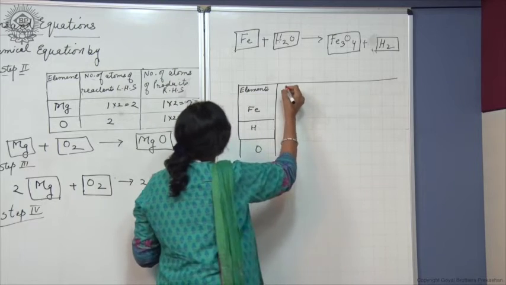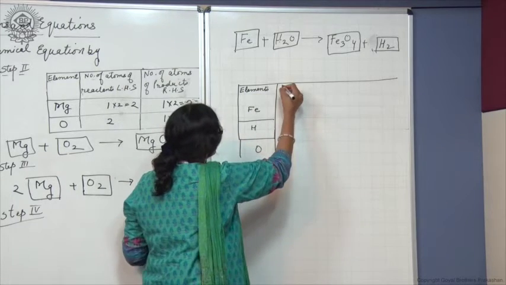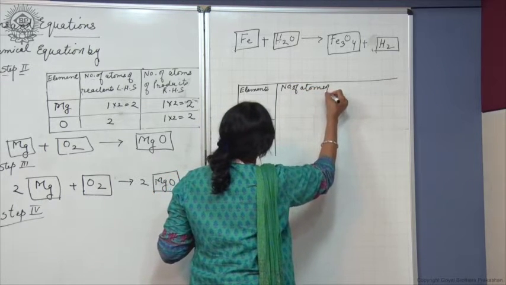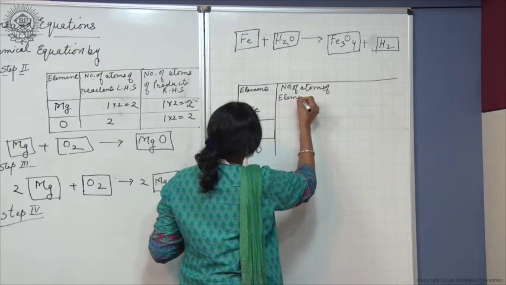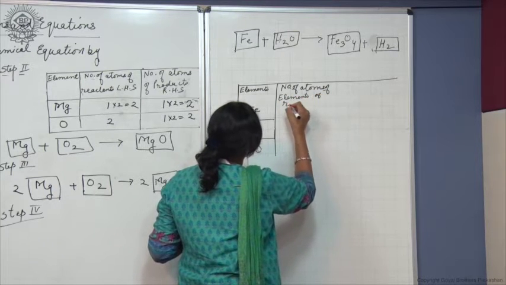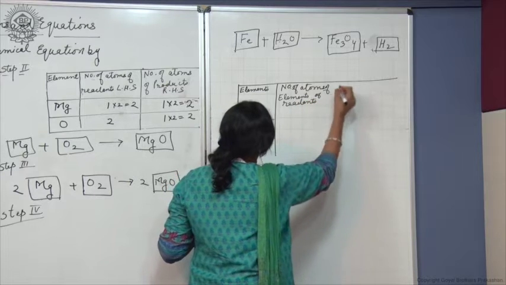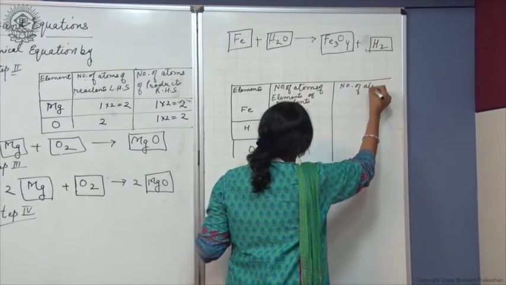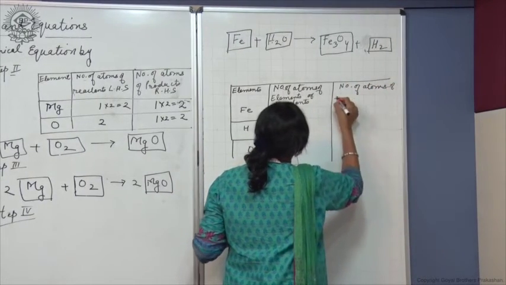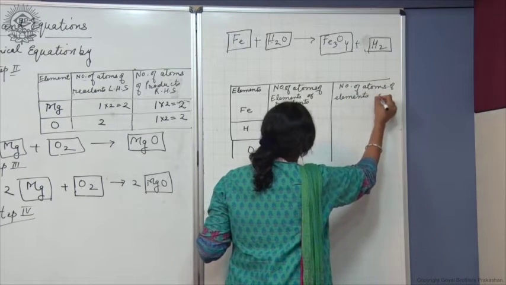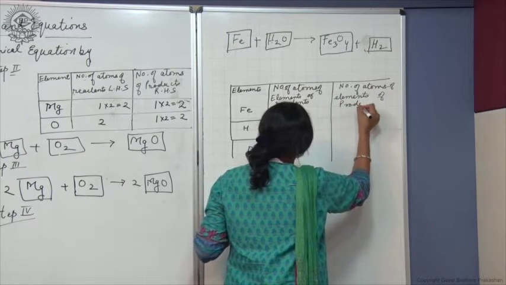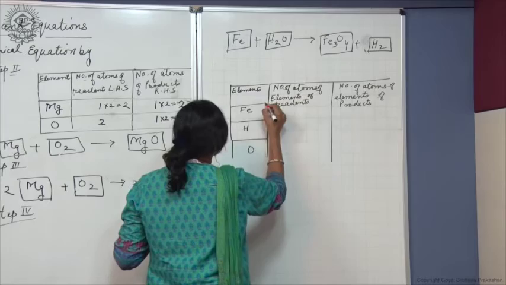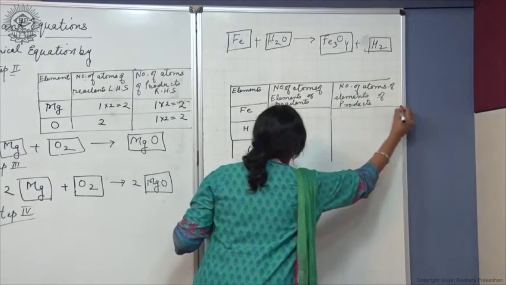Then you have to count the number of atoms of elements of reactants and the number of atoms of elements of products on the right hand side.